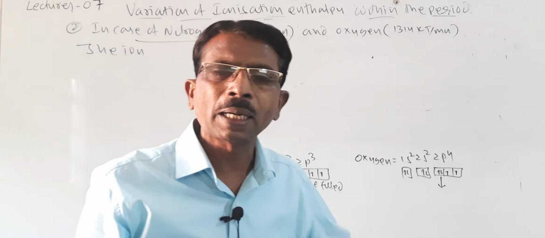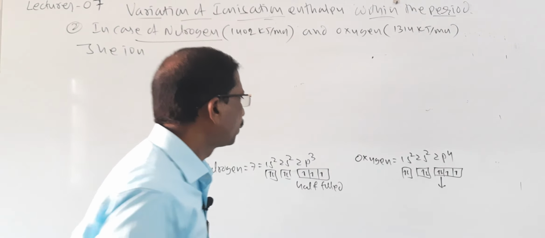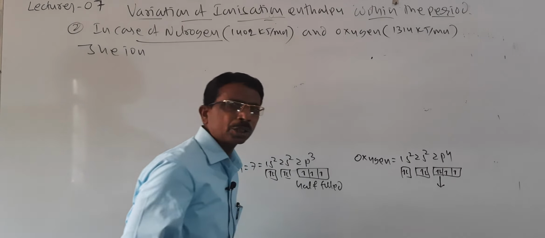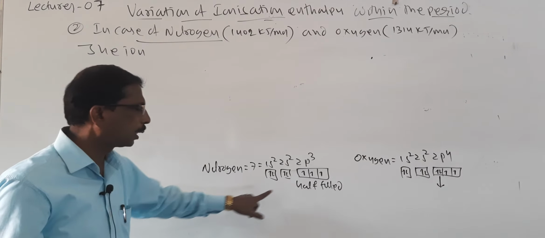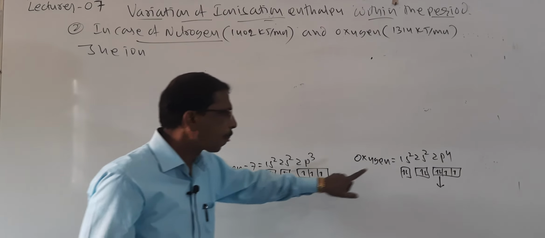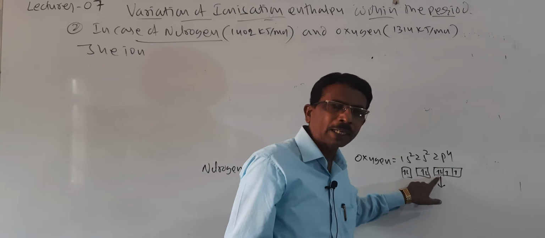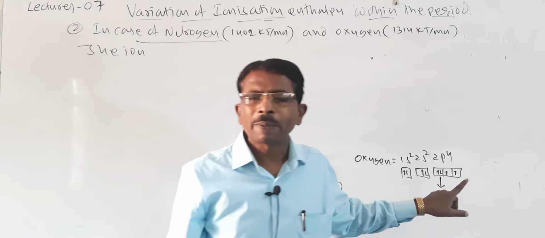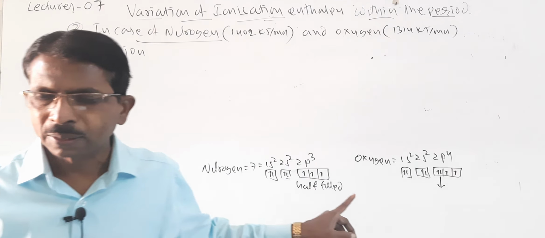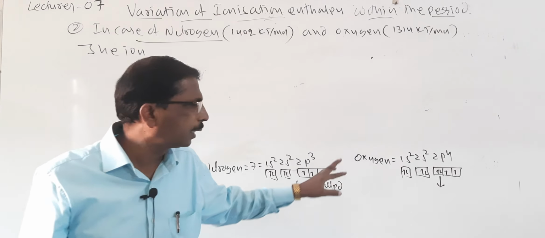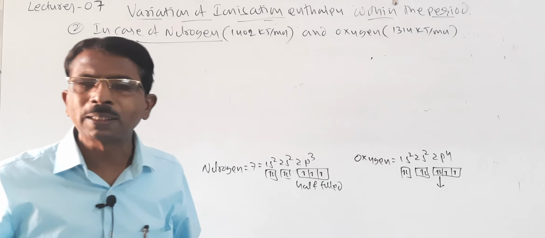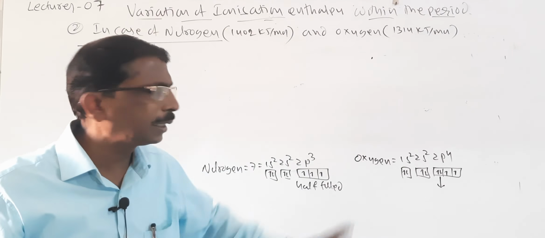So, therefore, it has less ionization enthalpy. The main reason is that the fourth electron is paired here, and the increased electron-electron repulsion takes place, hence it can be removed easily.